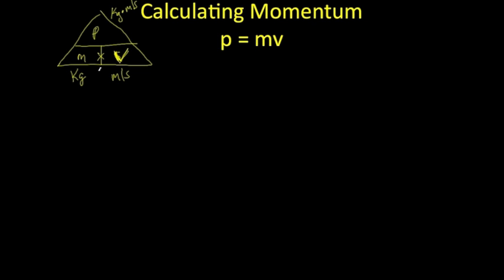Okay, now keep in mind it is simply like any other mathematical formula, but a more massive object moving at the same velocity as a less massive object will have more momentum.